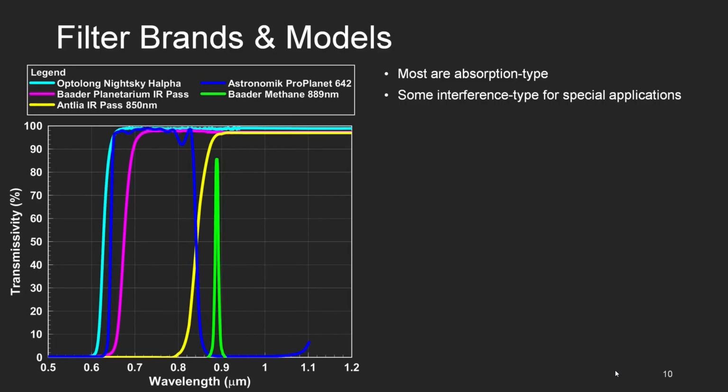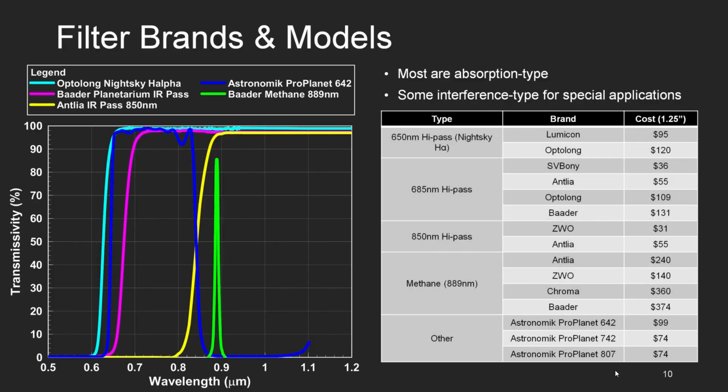This graph illustrates the spectral transmissivity of the main IR filter types available today for amateur astronomy. The high-pass filters are most common, with cut-on wavelengths generally at 650, 685, or 850 nanometers.